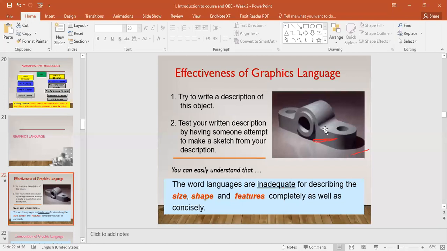After writing the description, test your written description by having someone attempt to make a sketch from it. Word languages are inadequate for describing the shape, size, and features completely as well as concisely. Means in words you cannot completely describe this object.